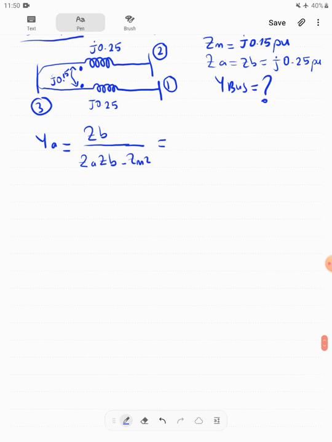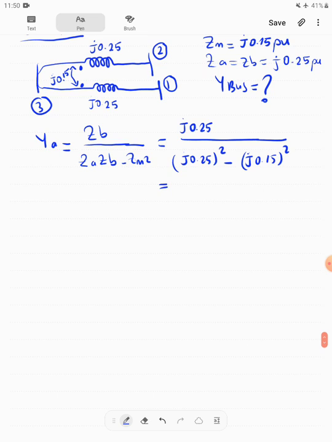And we know Zb is equal to J0.25, divided by J0.25 squared minus Zm squared, J0.15 squared. So the answer is minus J6.25 per unit.